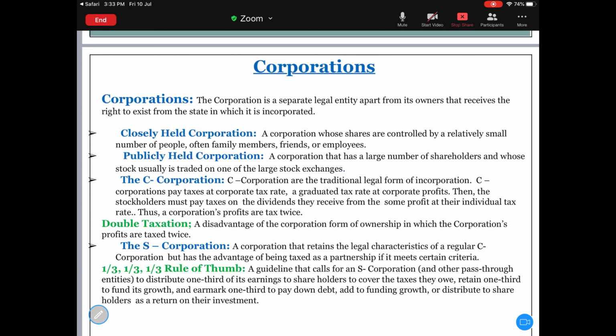Third, they must keep at least 33% for the growth of the company, so that if they have to purchase new machinery or more raw material in order to expand the business, they can use that 33% as well.